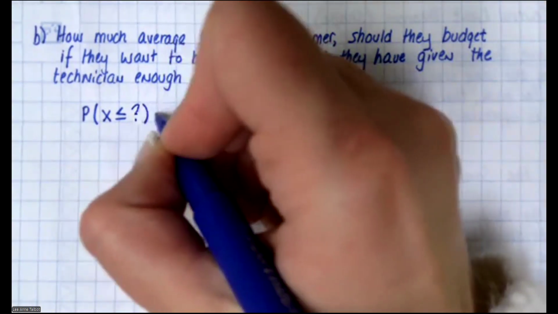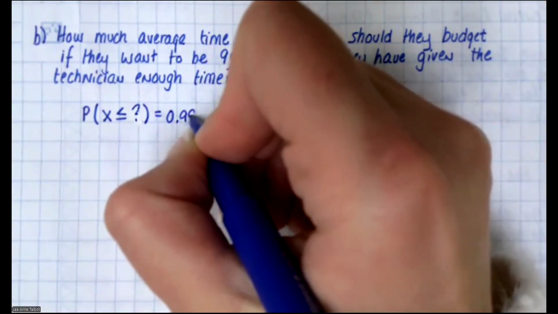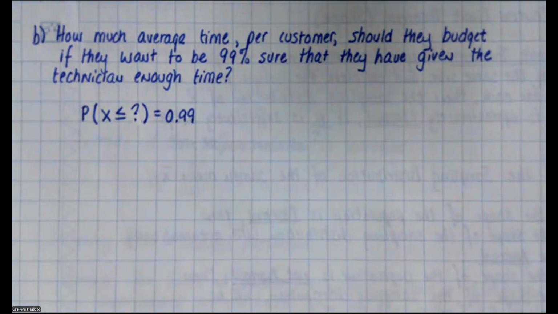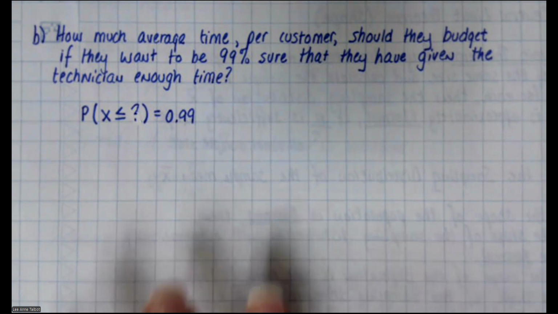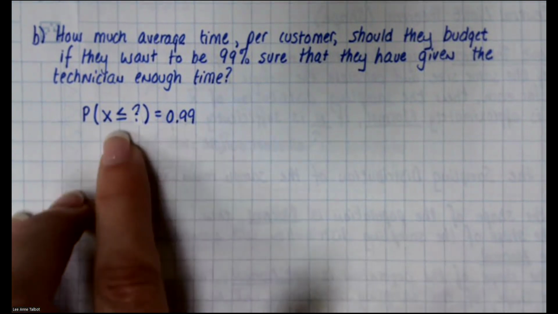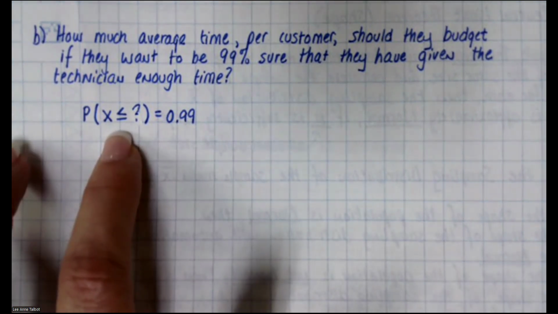Some amount of time is 99%. We haven't done this in a while. This is inverse norm. Inverse norm works on less than or equal to, so that's what I did here.